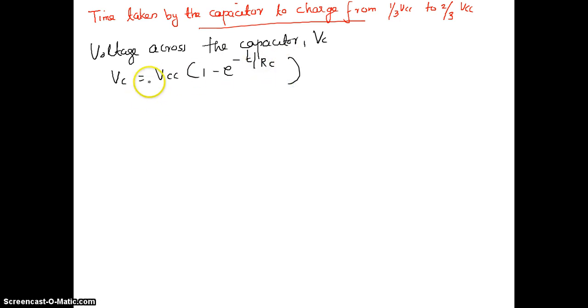This is the maximum the capacitor can charge, till VCC. But how much is the time taken to charge till 1 by 3 VCC? So we want to find the time taken to get VC equal to 1 by 3 VCC.